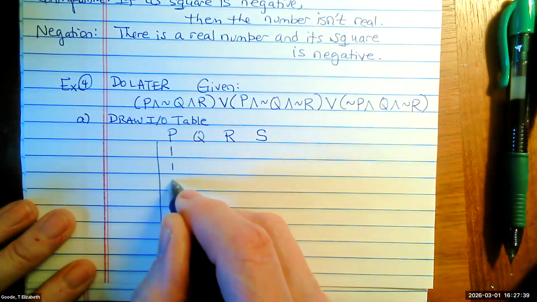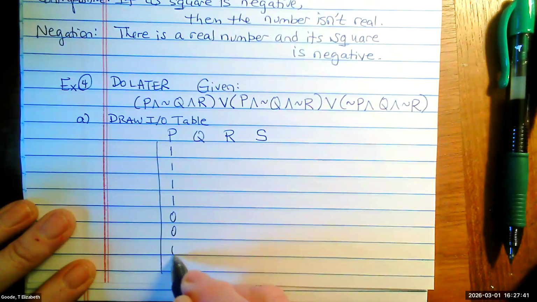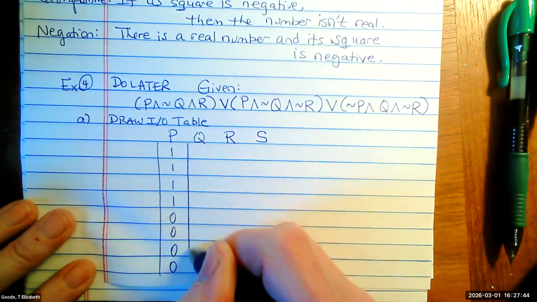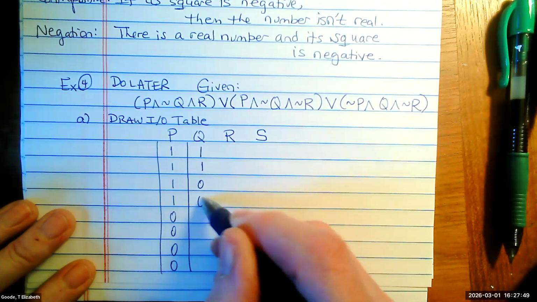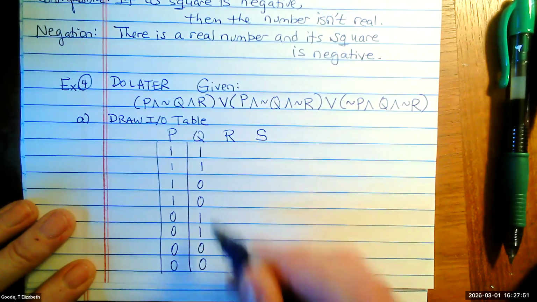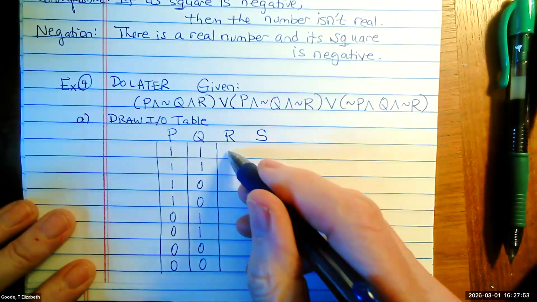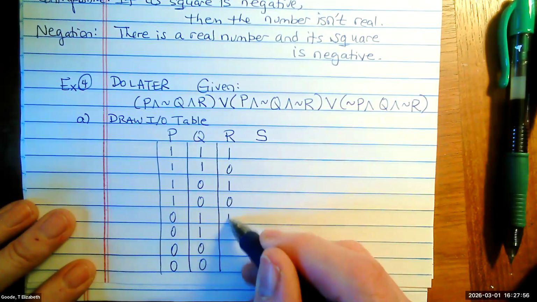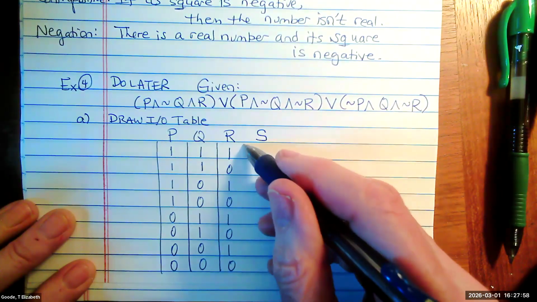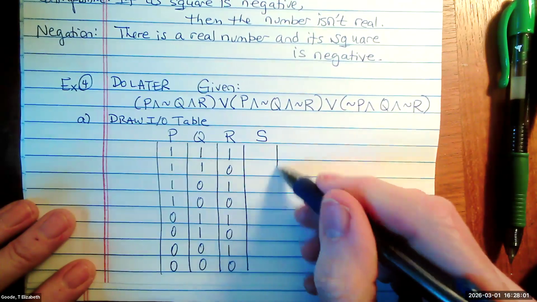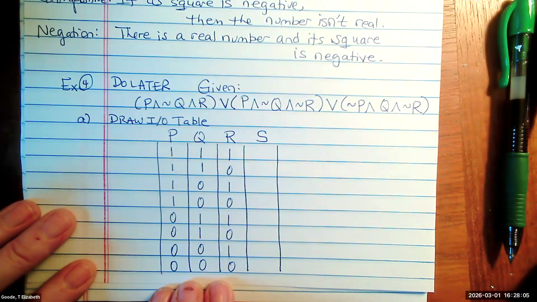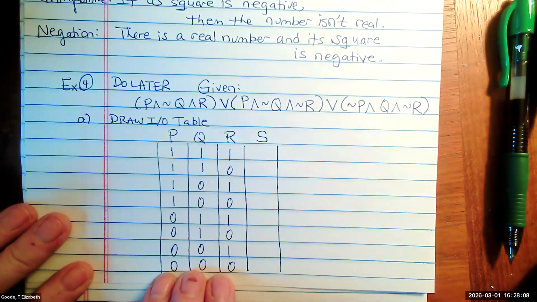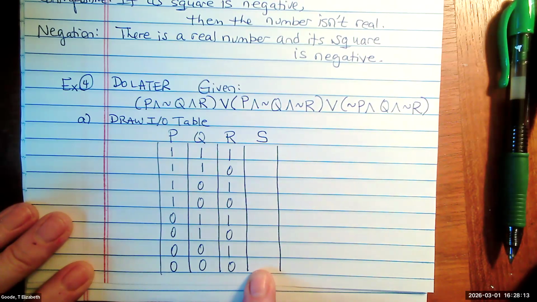Under P, we'll write 1, 1, 1, 1, 0, 0, 0, 0. We always put our ones first under P, Q, and R. We've always been doing it this way, and the book does it this way. This is the canonical setup. So we set this 8-row truth table up like this, and our job is to figure out how to fill in the output column.